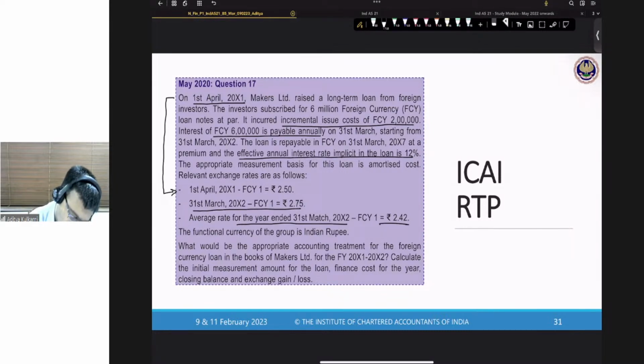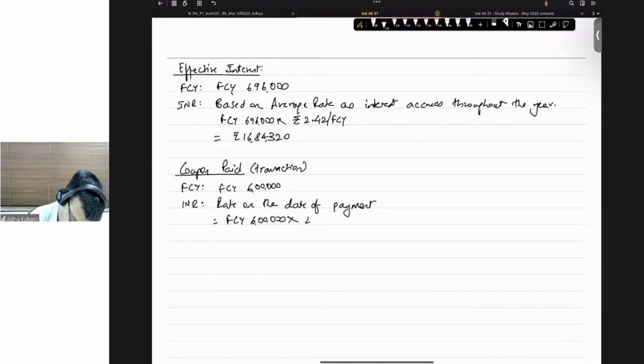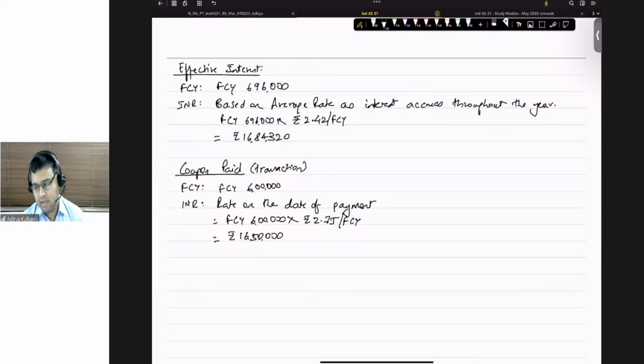So 6 lakhs into 2.75 per FCY is 16,50,000. This is the actual payment. The bank will actually collect 2.75 per FCY. So this much will surely go from your bank, 16,50,000.